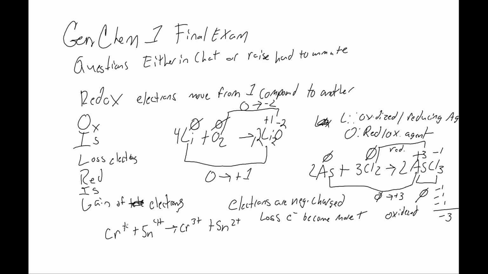Here it's really simple because the charges tell you the oxidation numbers. So Cr has an oxidation number of +1, Sn has +4, Cr on this side has +3, and Sn has +2. So if a molecule is charged, it has the oxidation number of that charge.